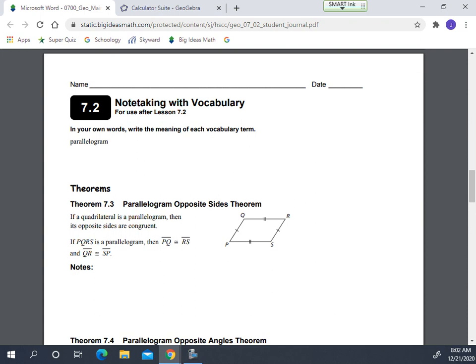We are writing what a parallelogram is. And I'm going to get my book out for us so we can get this right. In my 7.2 textbook, let's see what they say for parallelograms.